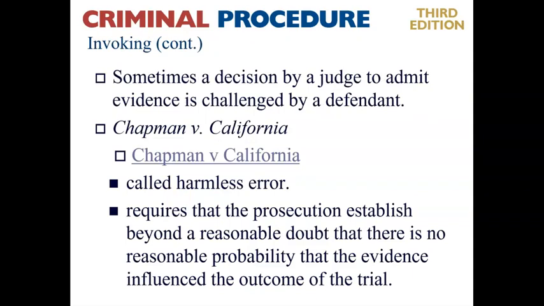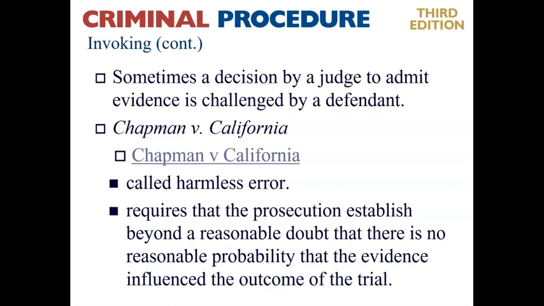Sometimes a decision by a judge to admit evidence is challenged by a defendant. There's a case called Chapman versus California. In this case, we learned something called the harmless error rule.